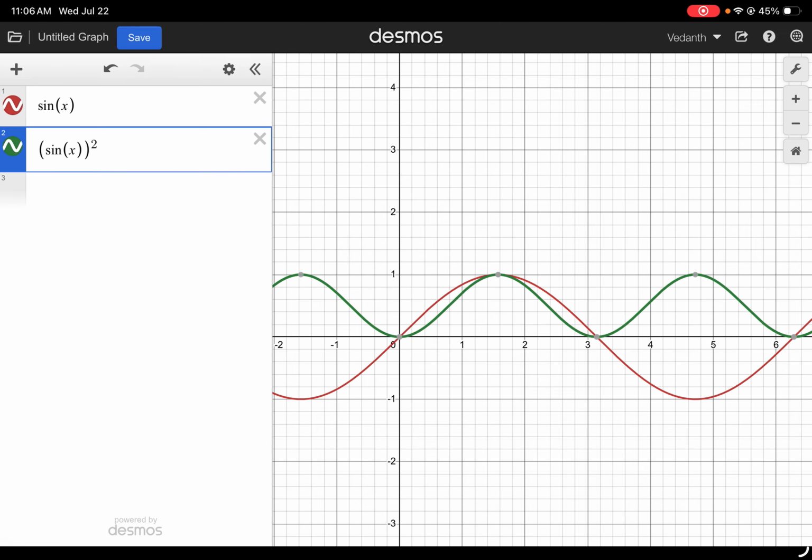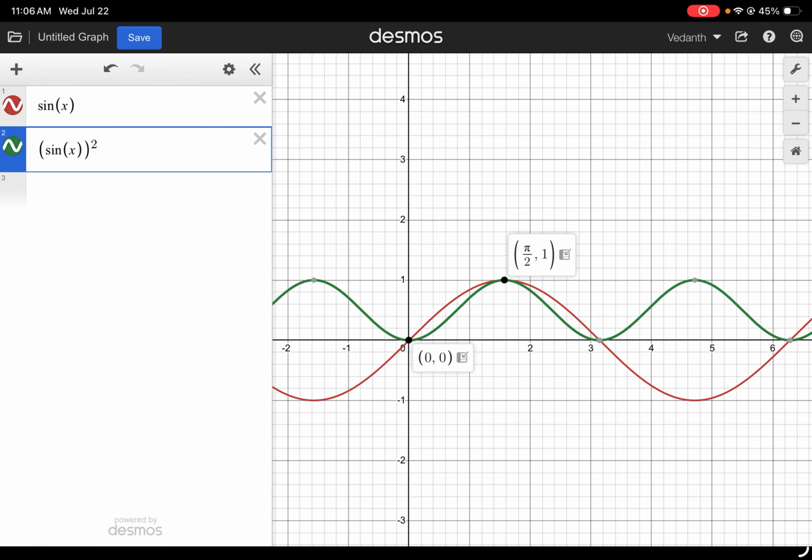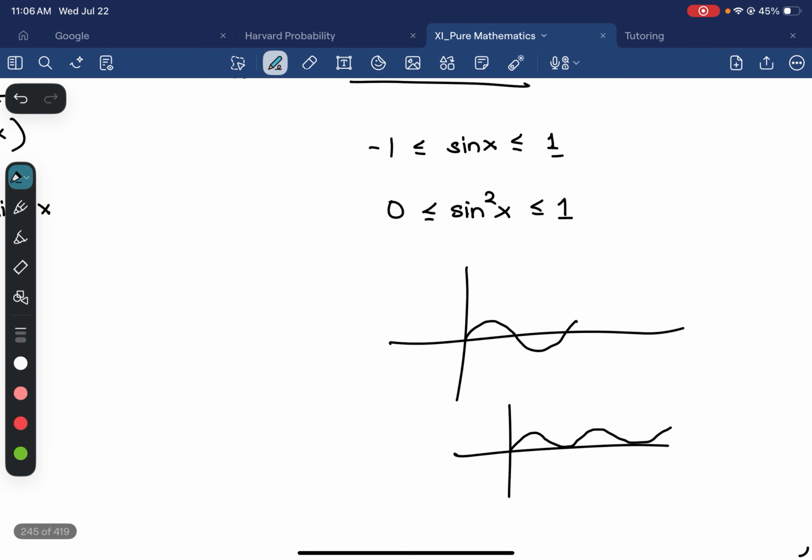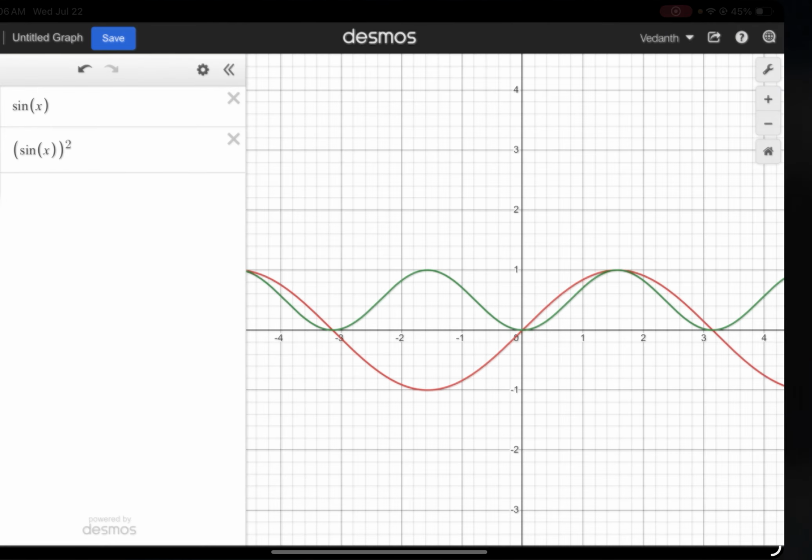See, it looks something like this. So the minimum value is 0 here, and the maximum value is 1. So it goes from 0 to 1, which is what we have written here, right? And it's going to be lower. So it goes like this, comes down like this, something like this, if you look at here.